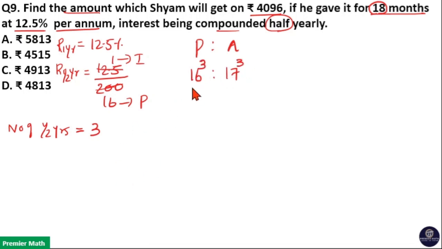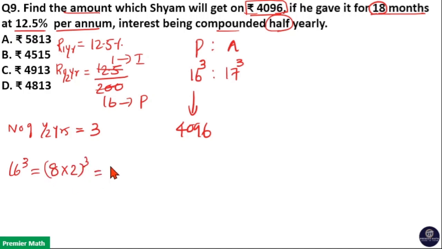Now here 16 cube parts is the principal. Here principal is given as 4,096. So equate 16 cube parts with 4,096. Here if you find 16 cube, which is equal to 8 into 2 the whole cube.